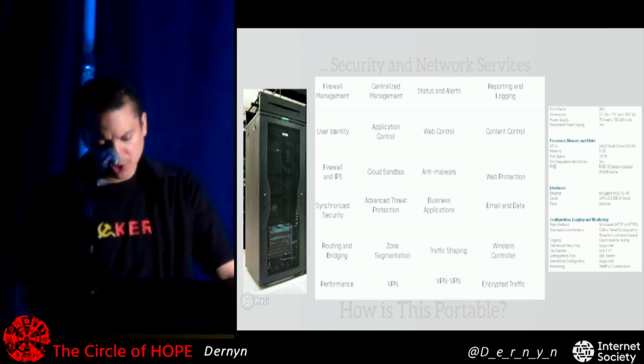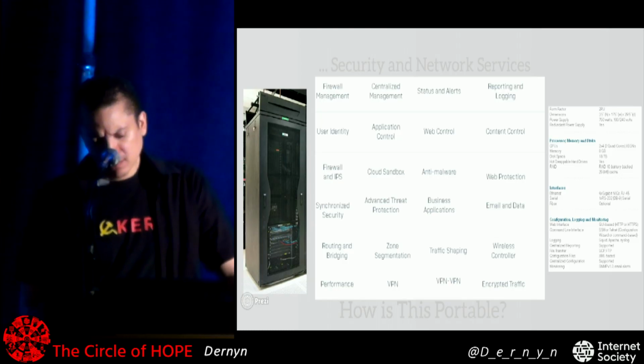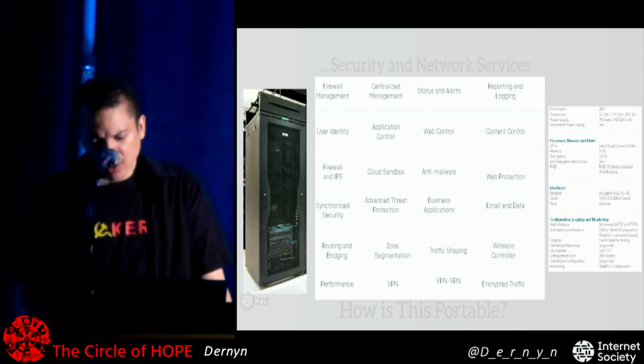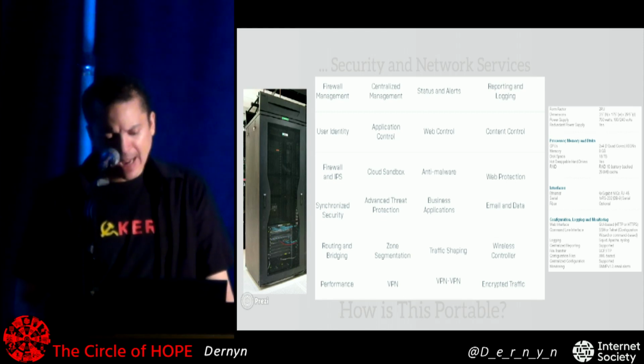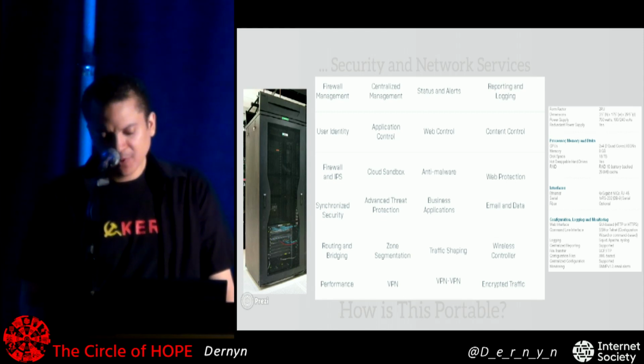It's segmentation, routing, VPN, encryption. It's a very powerful machine. If you look at the right, it talks about quad cores or higher, Xeon processors, or they're usually stacked in a rack away from the users themselves, somewhere in a server room.